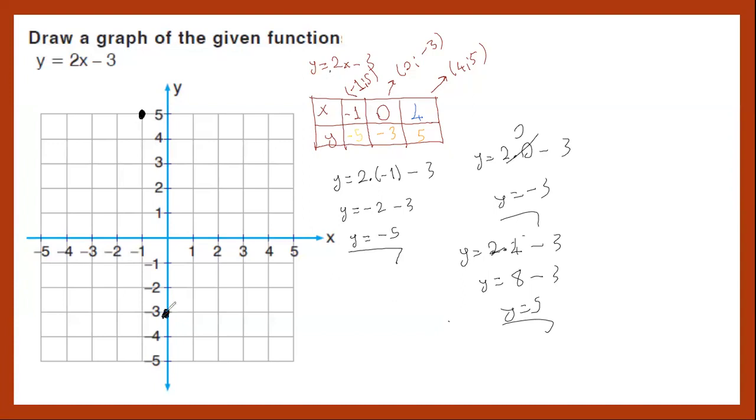And then the next step will be 4, 5. 4, 5. Okay. -1, -5. Gia, can you tell me what is the problem here?